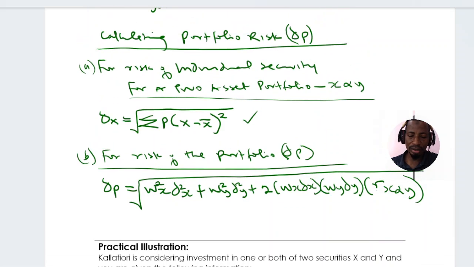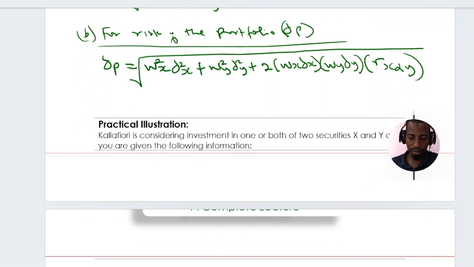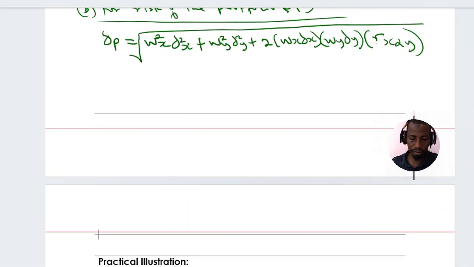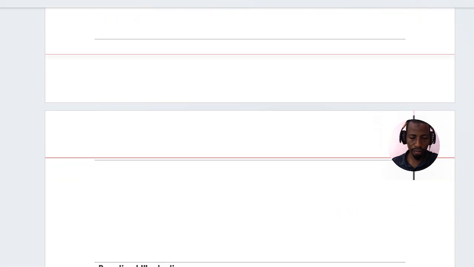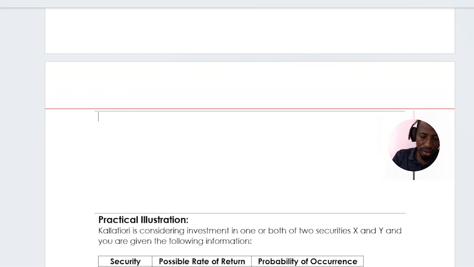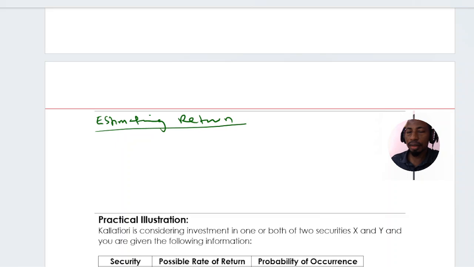So let's talk about calculating return. Estimating return. Again, just like we have for risk, we are going to compute the return of individual security and the return of the portfolio.